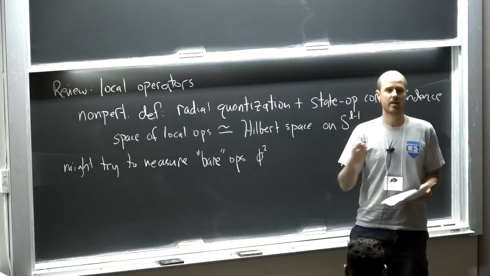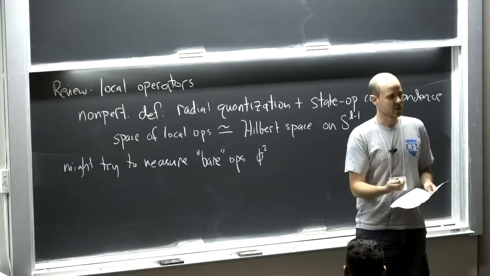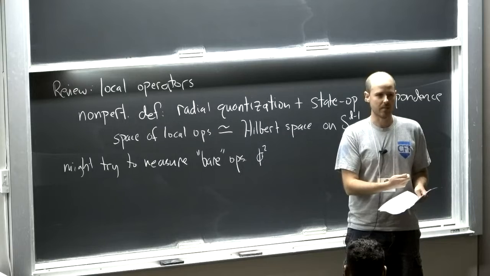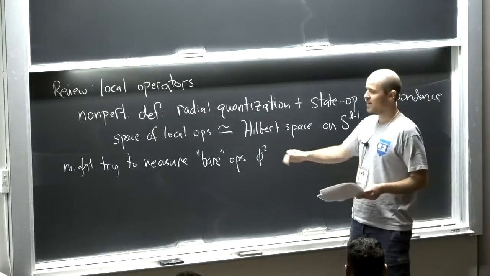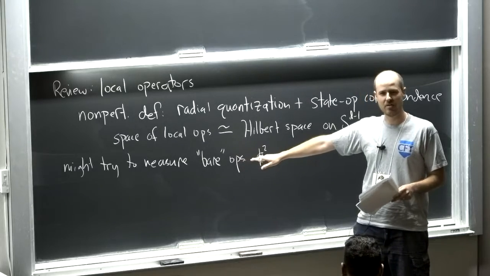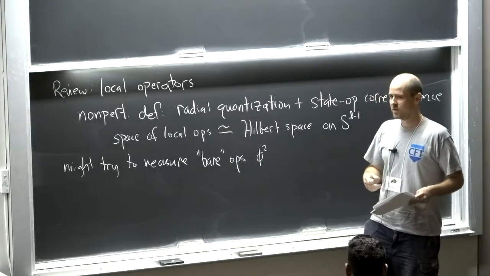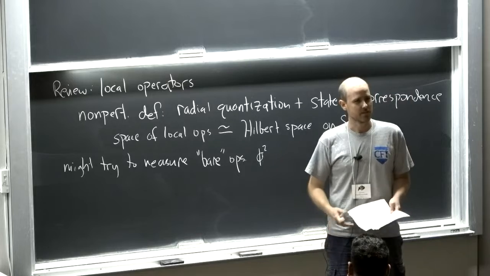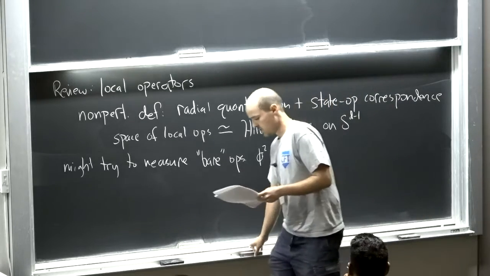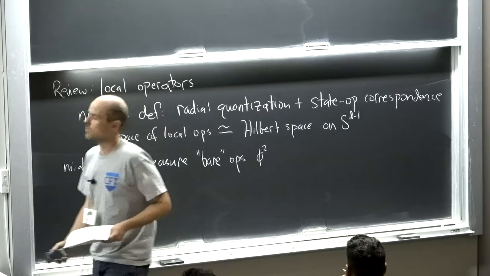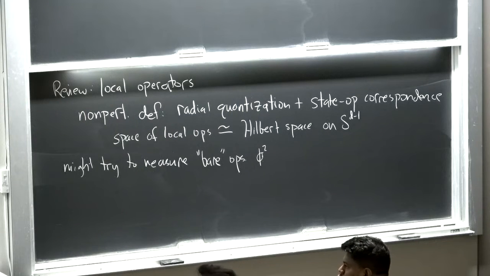So the bare operators are not good operators. The good operators depend on the theory. We need to do a calculation to figure out what they are in terms of bare operators. Another way to say it is that in trying to measure bare operators and trying to compute their correlators, you're trying to measure the wrong thing. And you need to figure out what the right thing is. So for concreteness, let's look at exactly how this works in the case of phi squared.